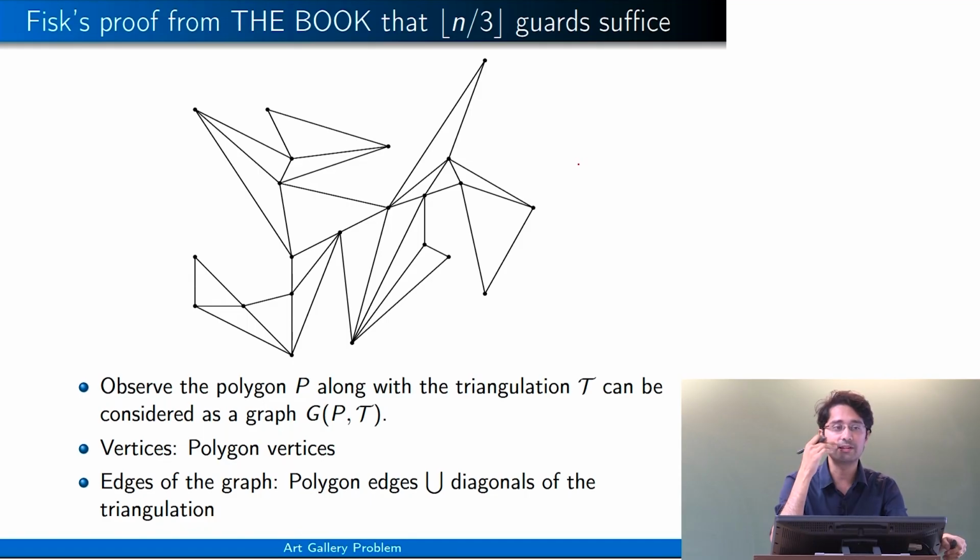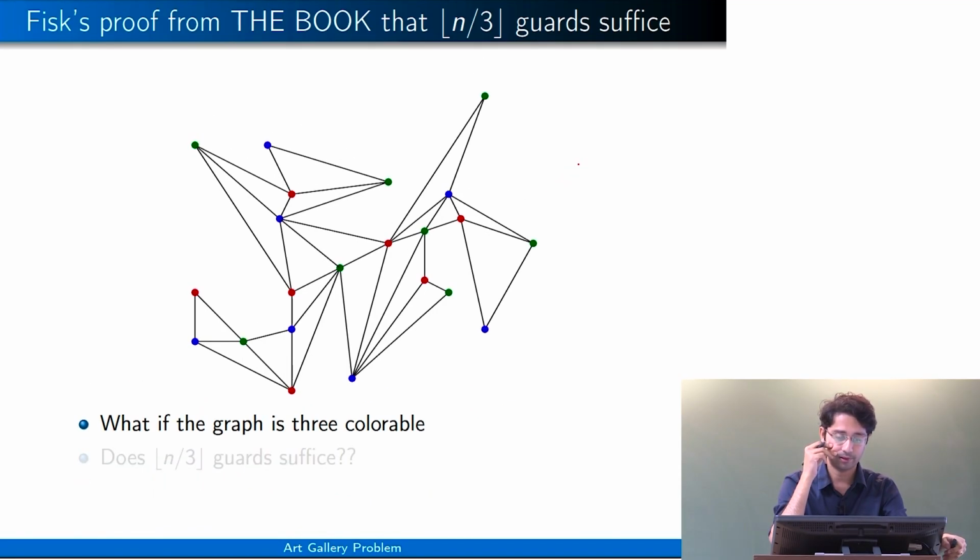What he is suggesting is that suppose this graph is 3 colorable. I don't have a proof yet. Suppose this graph is 3 colorable, then every triangle gets exactly 3 colors, because that is a clique.